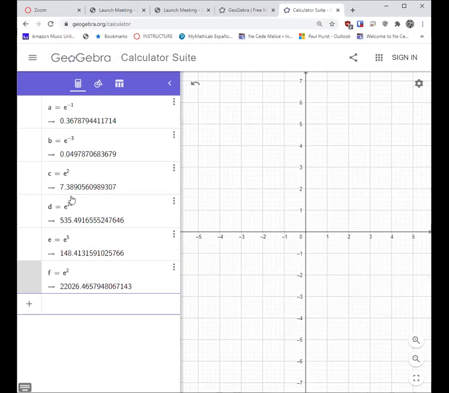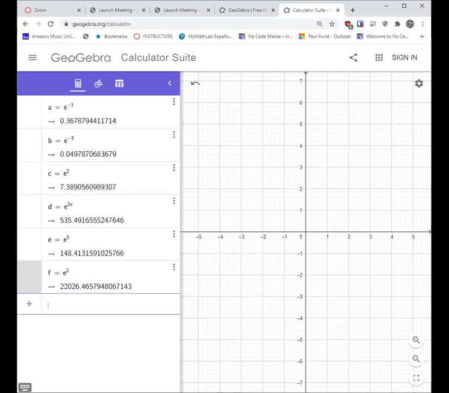We know this one's the correct one, but this one is off. This is a weird thing about GeoGebra. I'm just warning you. The reason is that it's using the letters A, B, C, D, and here it reassigned the value of e to this value. So for this one, it's using this value for your e instead of the correct value. I just wanted to point that out. That could be a possible thing that happens.